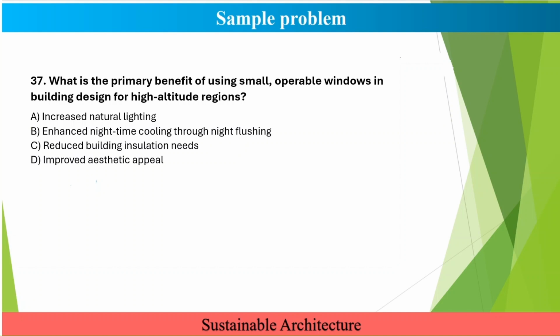If it is operable, you can utilize it for flushing or eliminating the warmer air from the building envelope, and if it is smaller, then the transmission from the building surfaces will be smaller during the night time. So B is the right answer for this question.